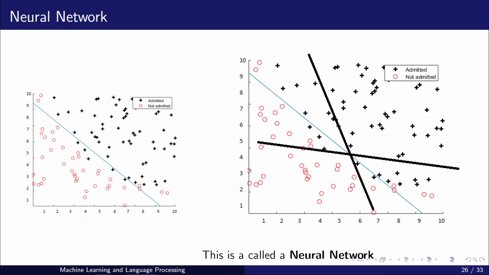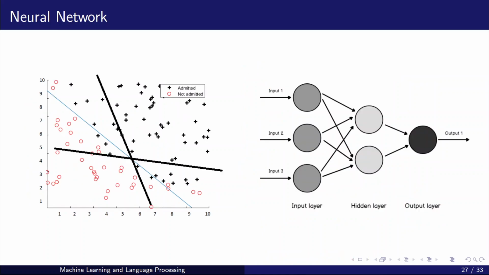So this idea is called a neural network. A neural network works like this. You have some input value, then the input value will be fed to layers. So this first line will be identified from this layer, and the second line will be identified from this layer, and you combine these two to get the output.